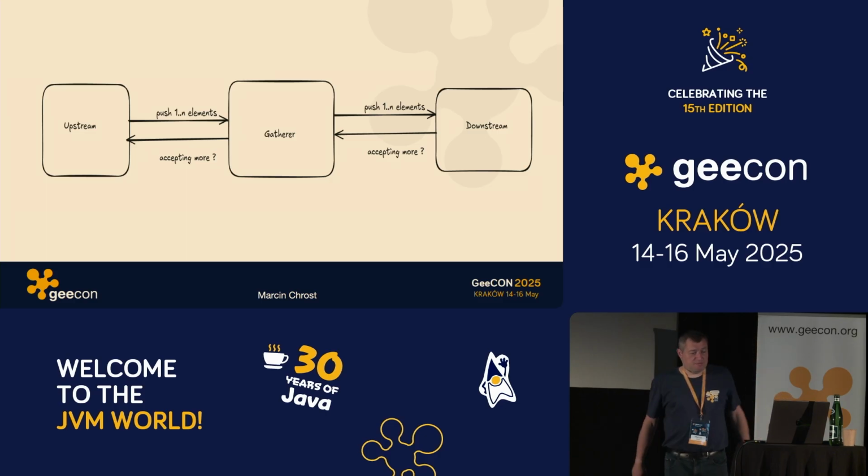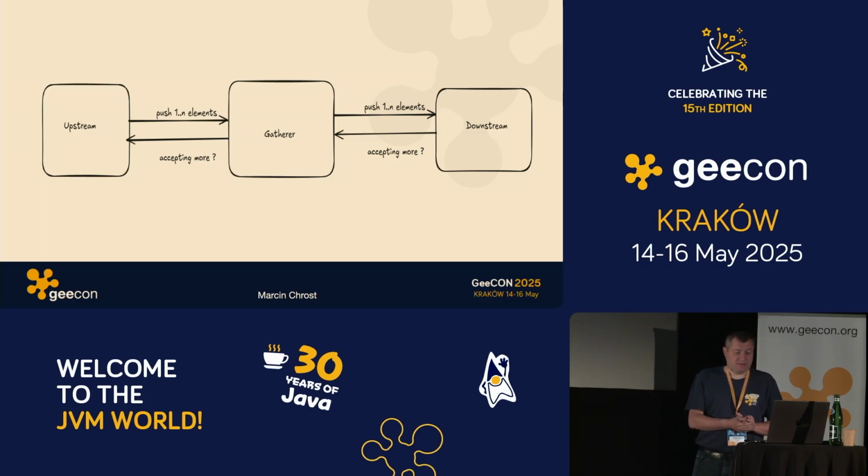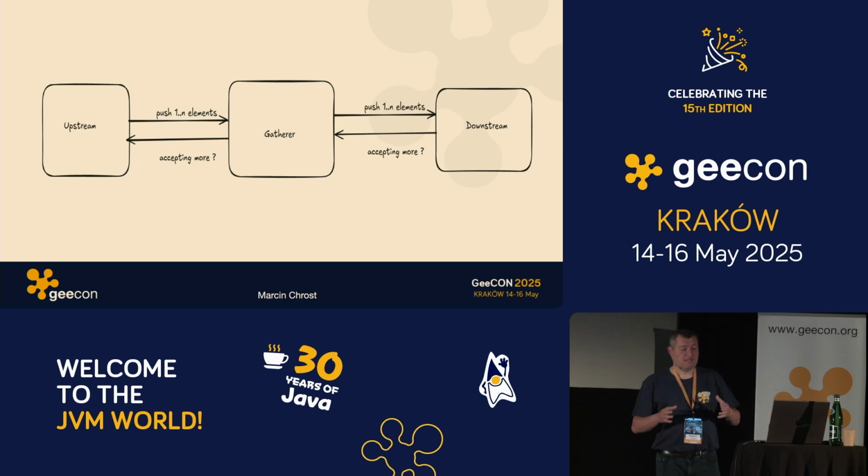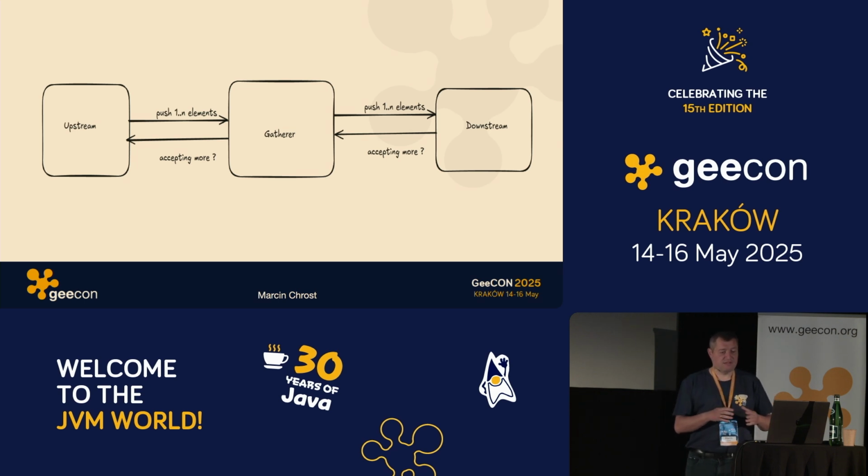In this picture there is a small bug, because on the left side it should be not m but n, because it would better present that the number of elements being pushed to the gatherer and being pushed by the gatherer to the downstream may be different. It's a very crucial part of this topic, but let's go to it later on.